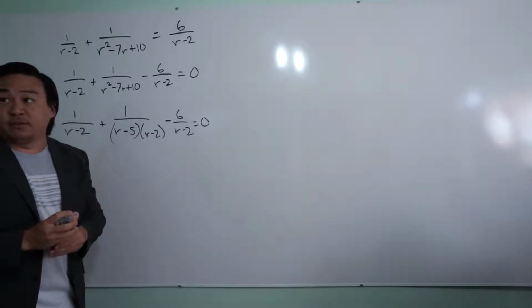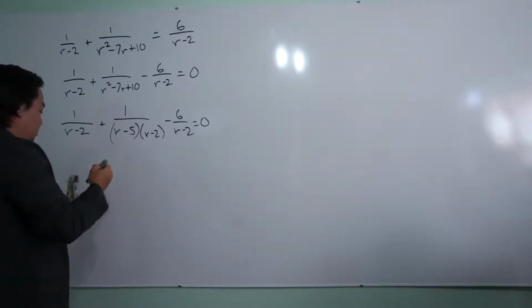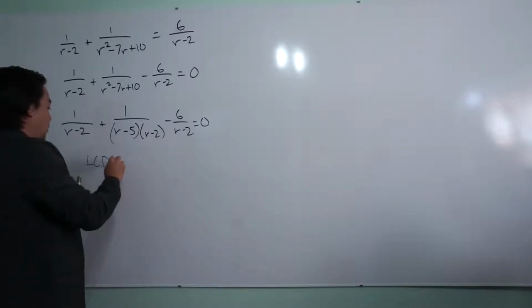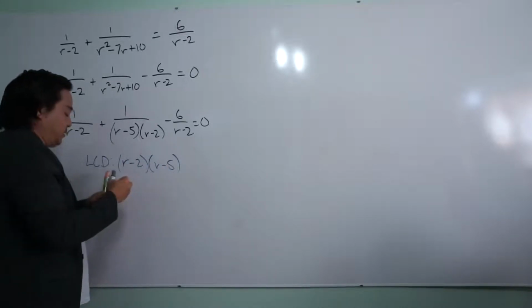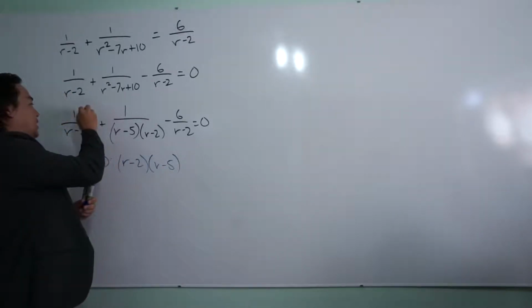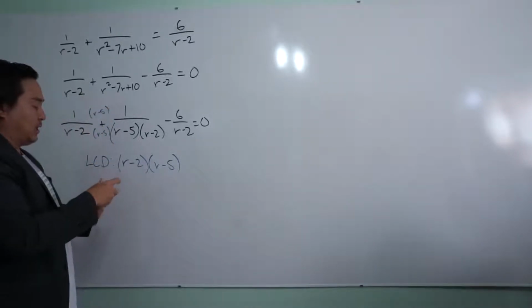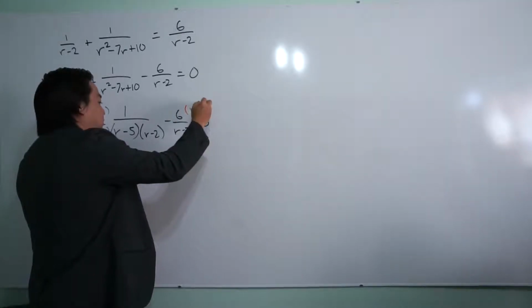So the LCD is r minus 2 times r minus 5. The thing that's missing here is r minus 5. And on the one on the right, the part that's missing is the r minus 5 as well.